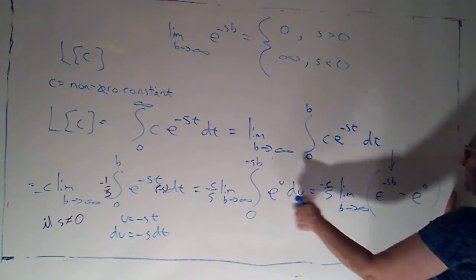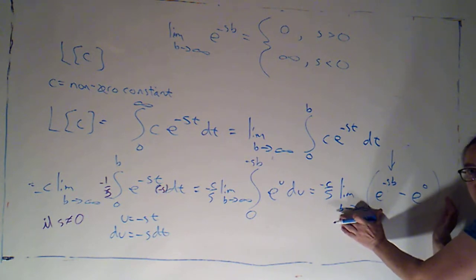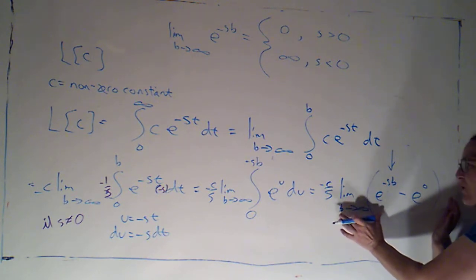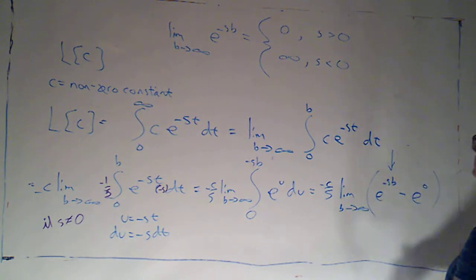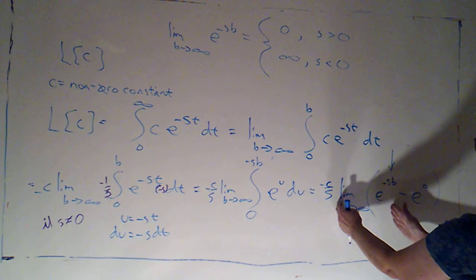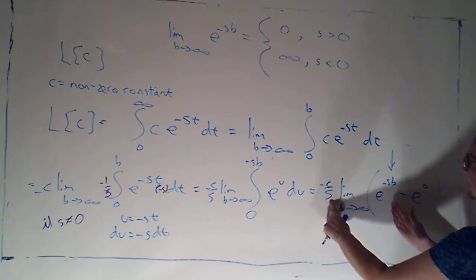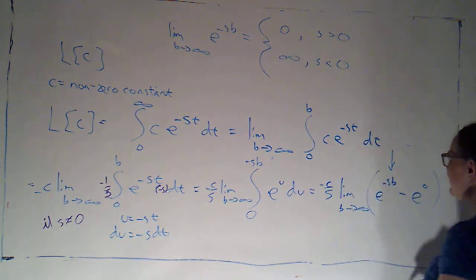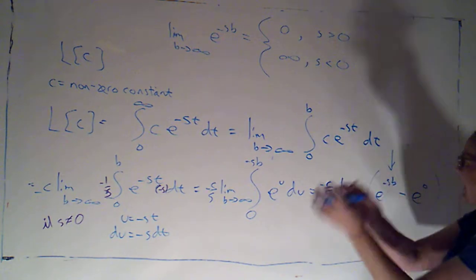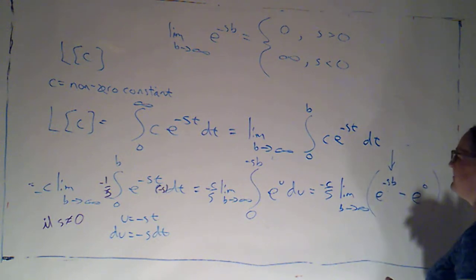But I can see that because I've taken it to the point where I can see this is the limit that's going to determine whether I get a finite number or whether I get something divergent. In this particular case, if this goes off to infinity, the integral will actually go off to, let's see, s is negative in that case. So it'll go off to negative c times, quote unquote, times negative infinity.